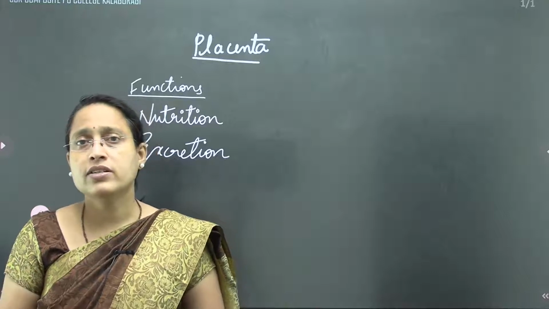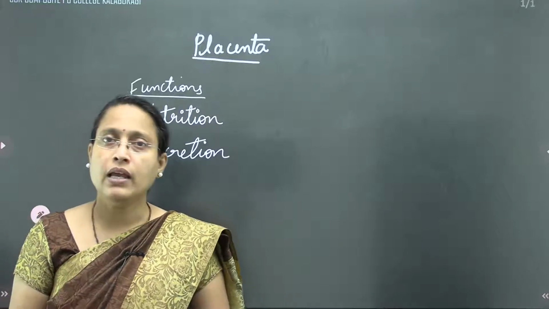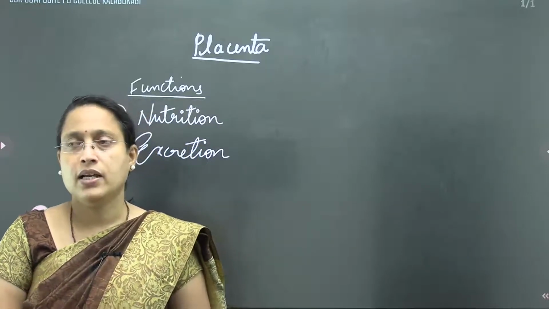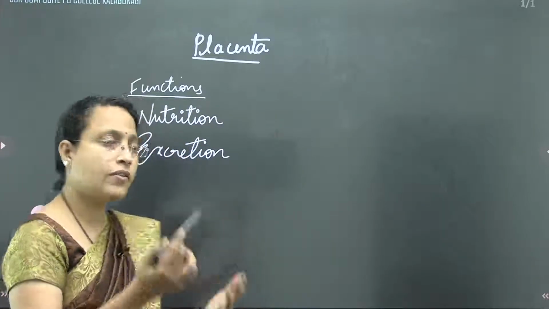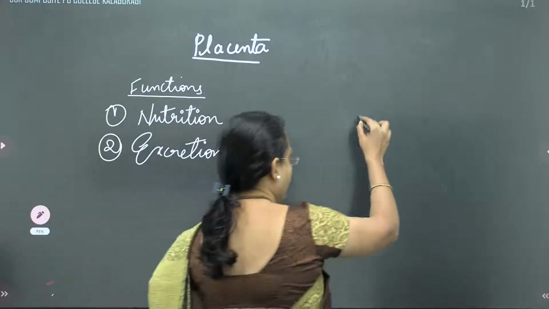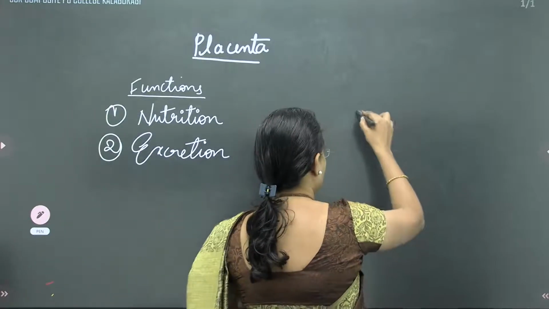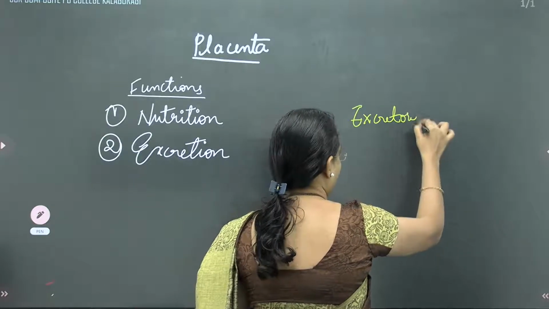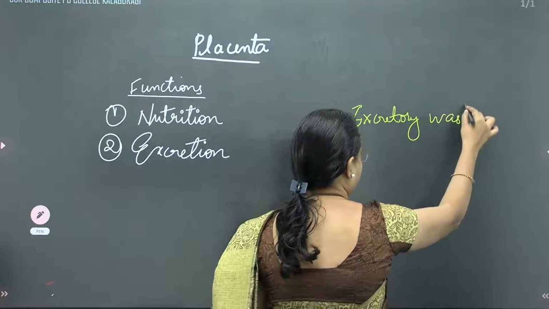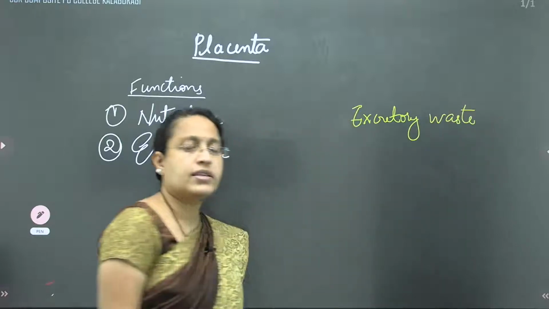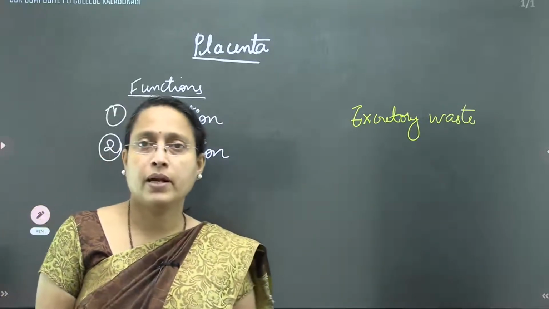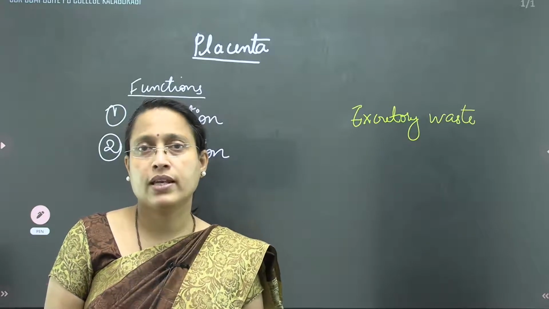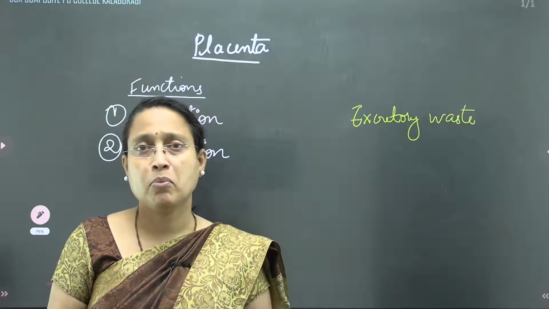So, therefore, those nitrogenous wastes from the fetus should be returned back to the maternal blood. So, how does the excretory waste move? The excretory waste, as I told, is produced as the end product of metabolism after consumption of the nutrients, producing energy, when those nutrients are taking part in metabolism.